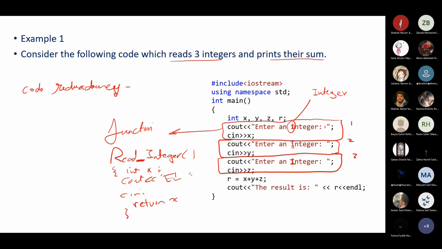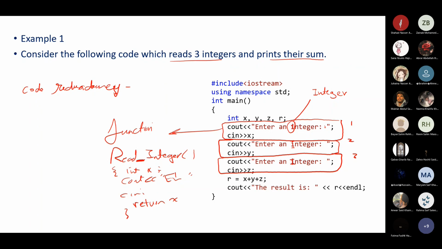There are a lot of more complicated examples that we can talk about, but this is the idea of code redundancy. So whenever you have code that is repeated and used frequently, then you should convert it to a function. It's recommended. Of course, it's not mandatory.